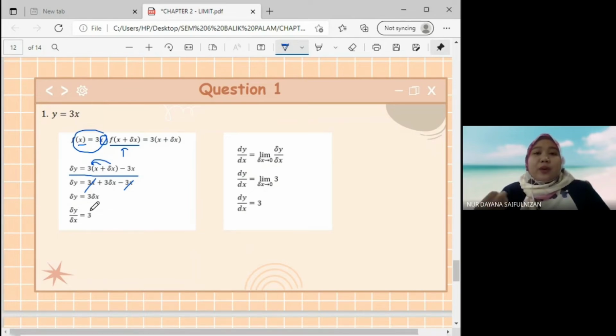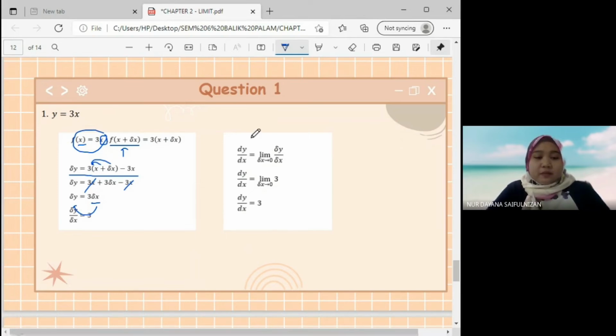So what we want to achieve? We want to know the value of delta y over delta x. So what we can do is we just bring the delta x to the other side, and we will get delta y over delta x equal to 3.